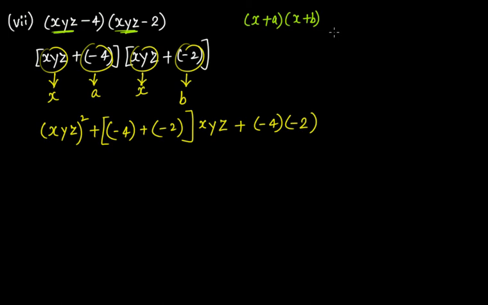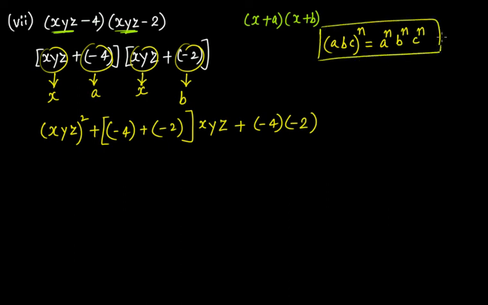It's of the form (a multiplied by b multiplied by c) raised to the power of n. This is actually equal to a raised to the power of n multiplied by b raised to the power of n multiplied by c raised to the power of n. This is the property of exponents.